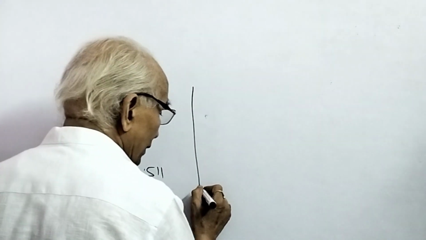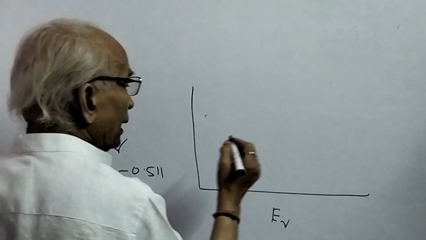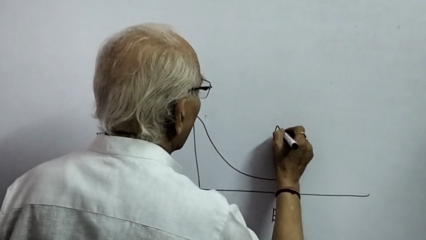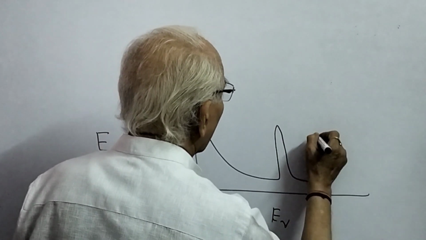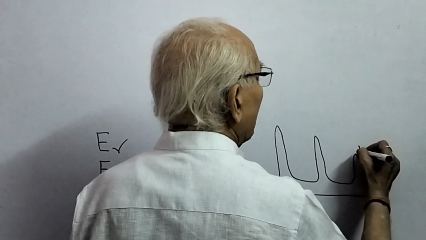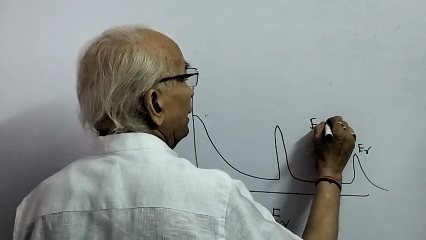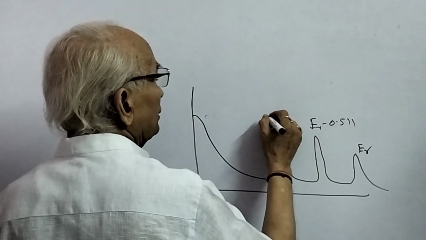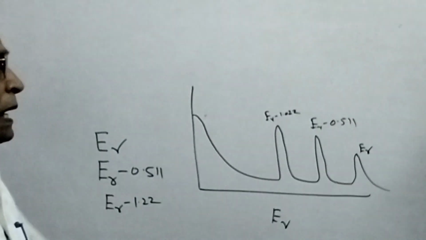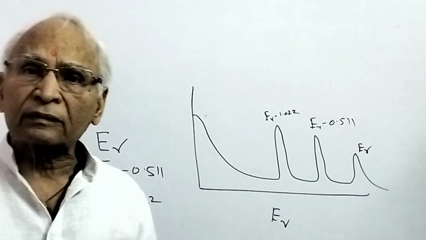This doesn't mean that we have many gamma rays. This is the total E gamma, this is E gamma minus 0.511, and this is E gamma minus 1.02. So we have only one gamma ray of energy E gamma, but we are getting 3 photo peaks.